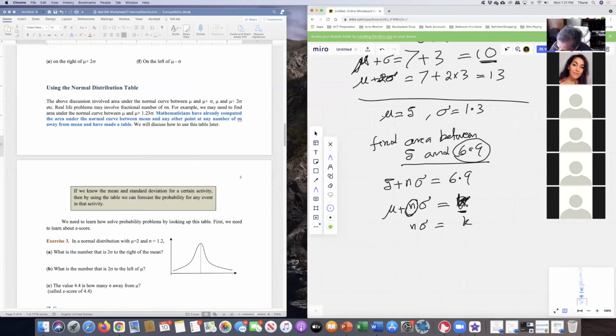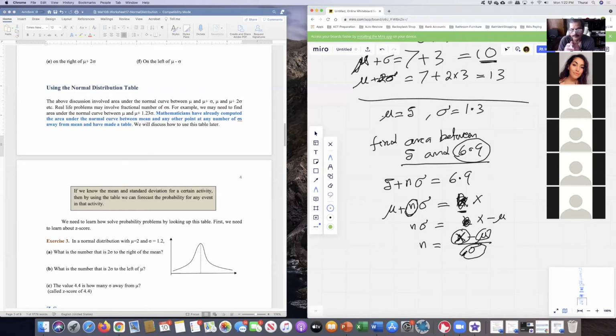Let me call that x instead, the value of the random variable. So x, I'm subtracting mu from both sides, so x minus mu. And now I have to divide by the sigma to get the n. So n equal to x minus mu over sigma. So this is the formula we have to use. Whatever data they give you, subtract the mu and divide by sigma to figure out how many sigmas away that data is from the mean.